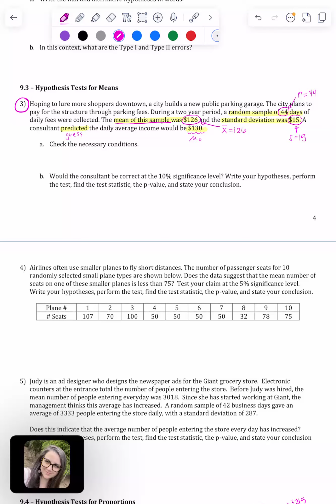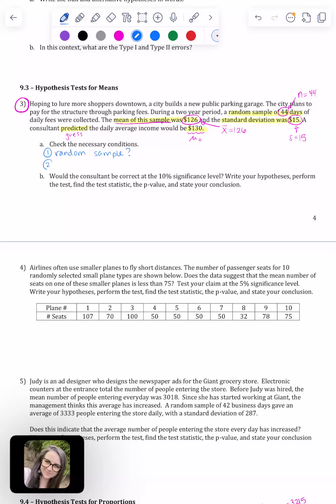Okay, so part A just says for us to check the conditions. If we're going to check the conditions first, the conditions for means are the same as the conditions that we had in chapter 8 when we were talking about confidence intervals for means. So the first condition is, is it a random sample?